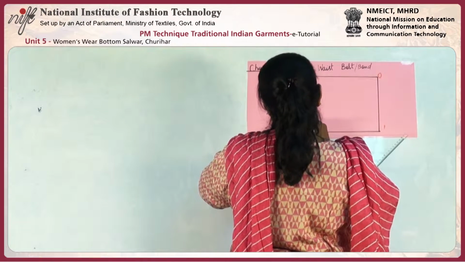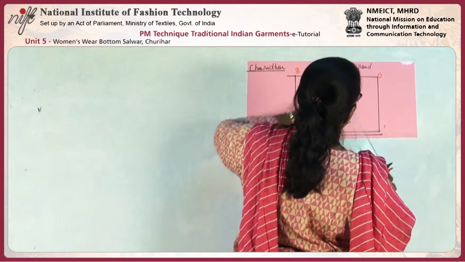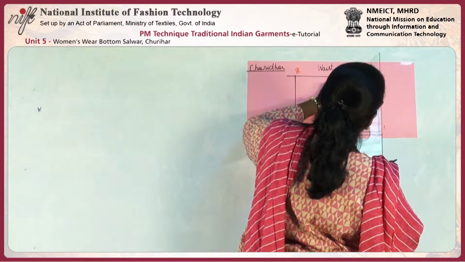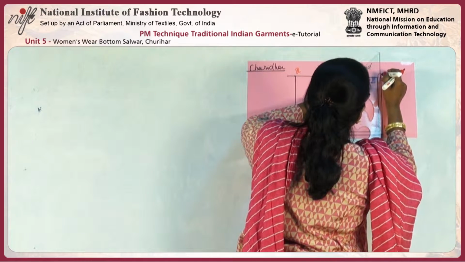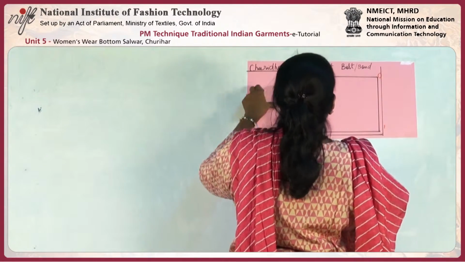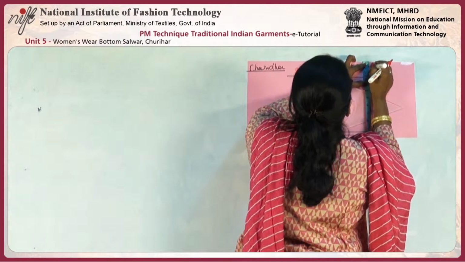half an inch, and center seam allowance half an inch, and the hem allowance is 1 1/4 inch.